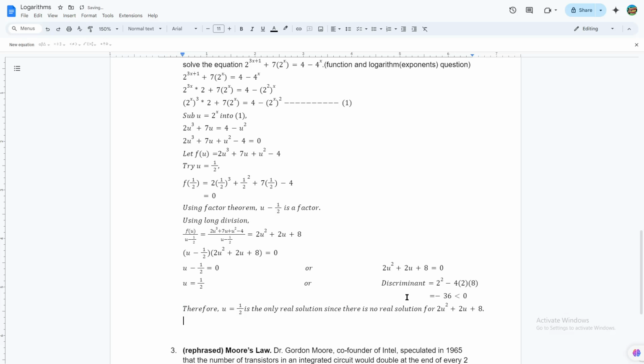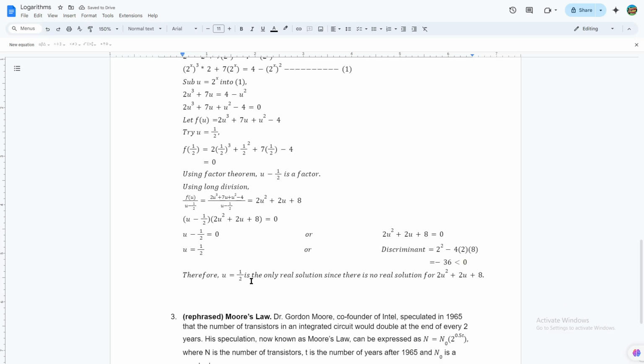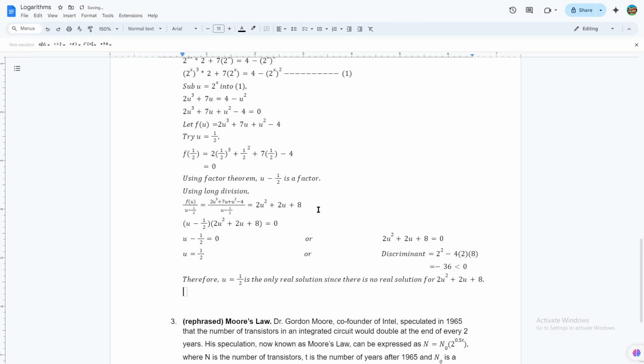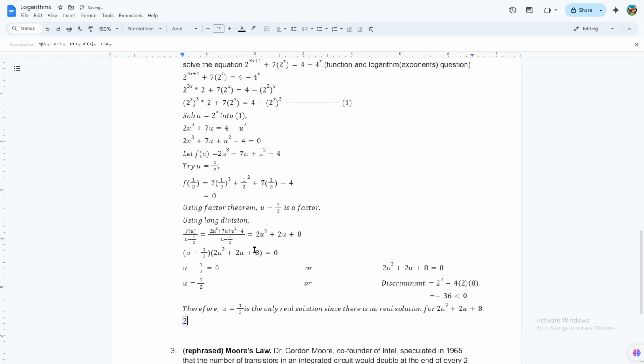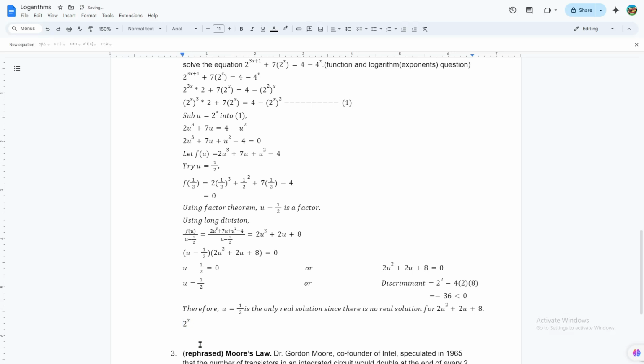So we need to sub back u equals 2 to the power of x, so 2 to the power of x equals half. So we need to use logarithm here.